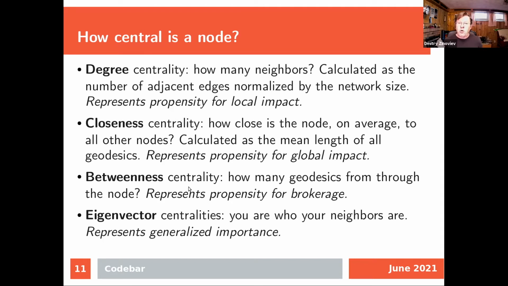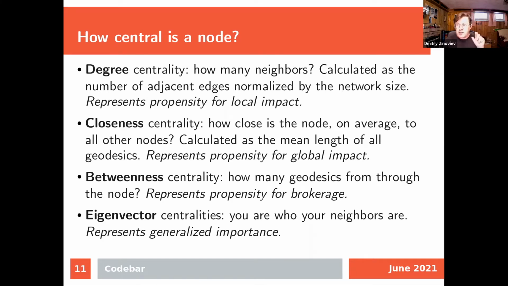If you take all geodesics going through a particular node, these are the shortest paths, which means if a node A wants to send a message to node B, it would probably send it through the geodesic because this is the surest way to have the message delivered. If you are somewhere in between, if you are the node in between, you have, at least in theory, a controlling power.